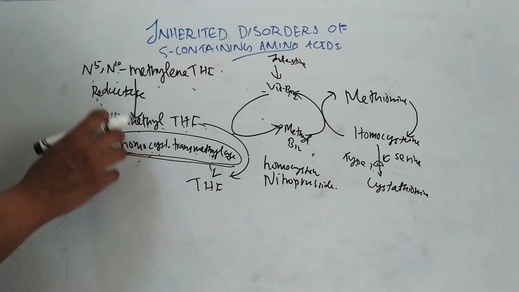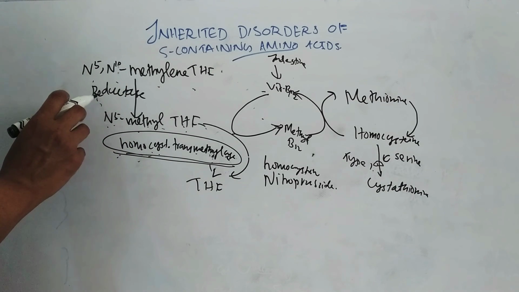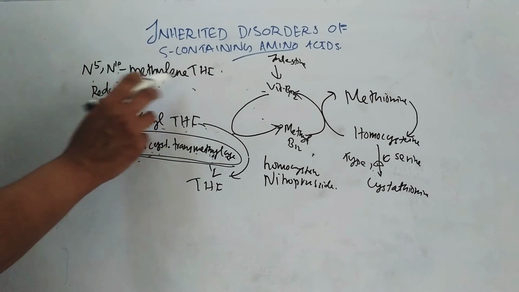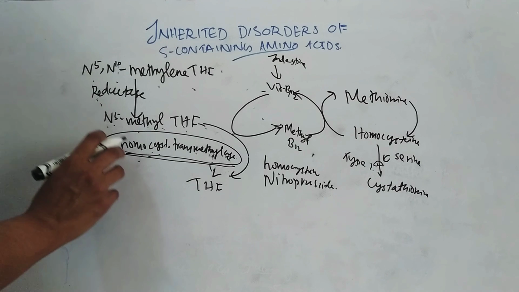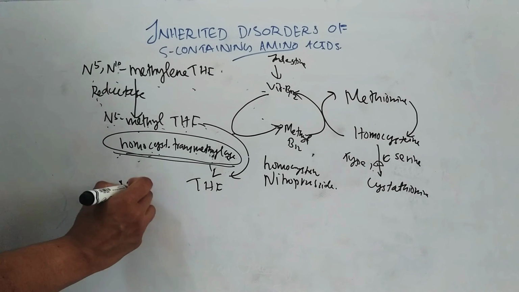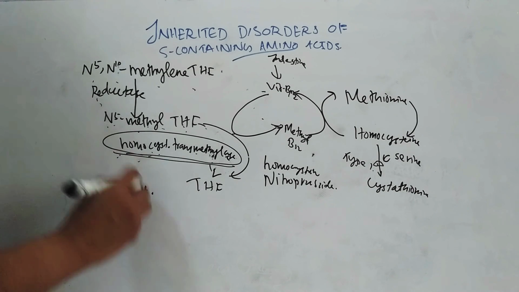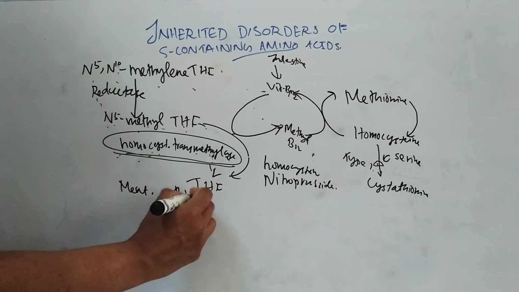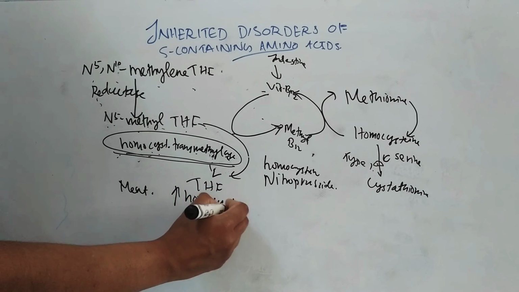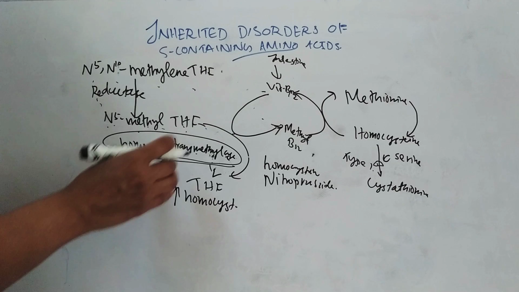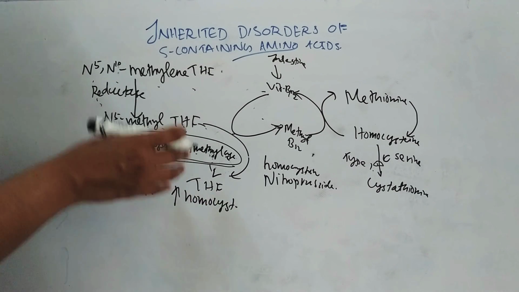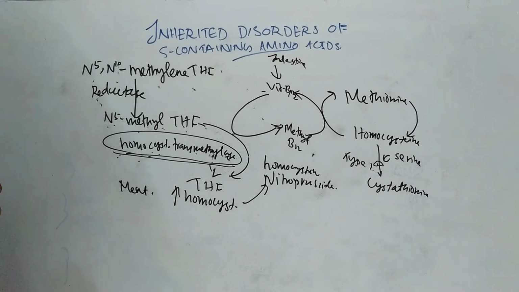So that is homocystinuria type 3 due to the deficiency of the enzyme N5,N10 methylene THF reductase. Here the clinical features include mental retardation, then blood shows increased homocysteine, then this homocysteine is excreted in urine, and here also nitroprusside test is positive.